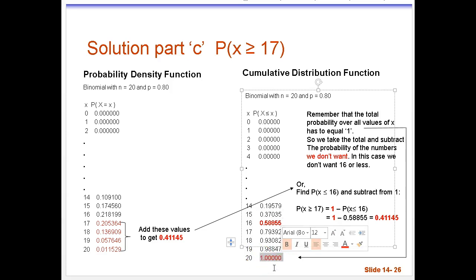And when I get to the bottom, I've now included the probability that x is equal to 20 plus the probability x is equal to 19, 18, 17, 15, 14, all the way back to 0.